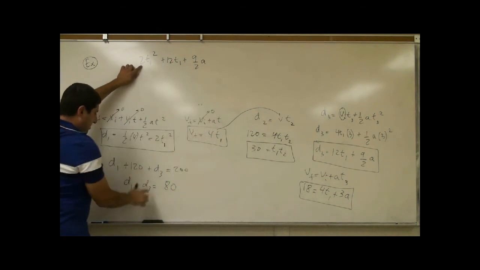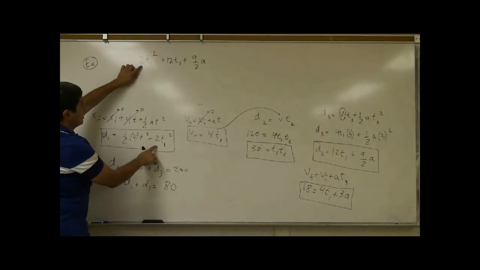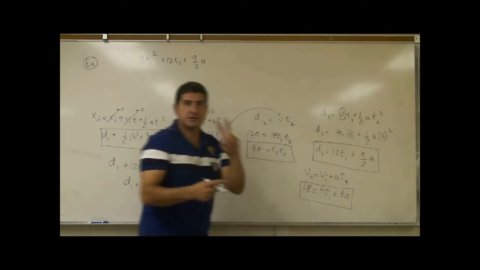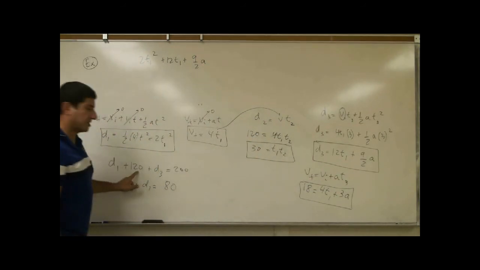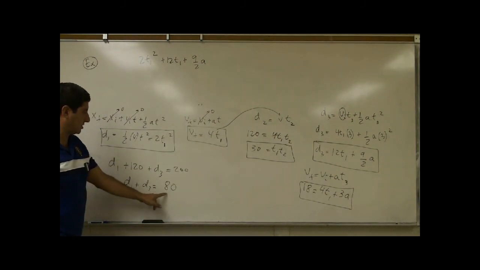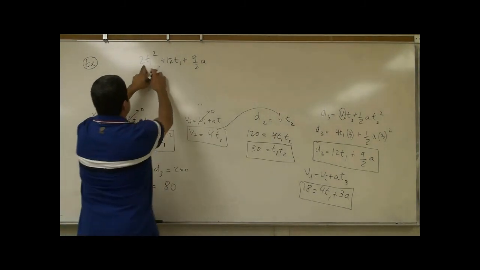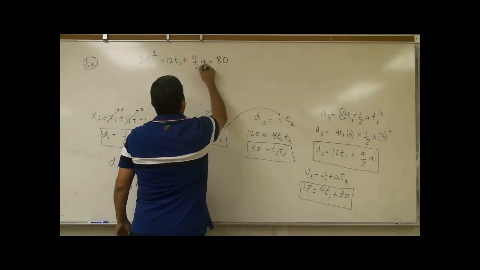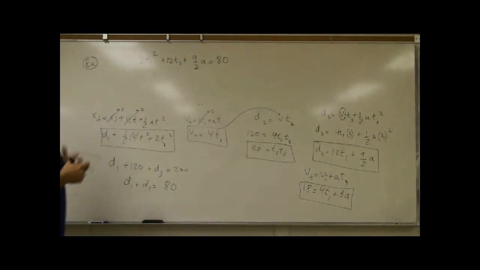So this one was the distance in the first stage. The sum of these two are the distance in the third stage. And then the second stage was already given as 120. So this is going to be 80, right? So this is going to be d1 plus d3 is equal to what? 80. Now how can we solve this?